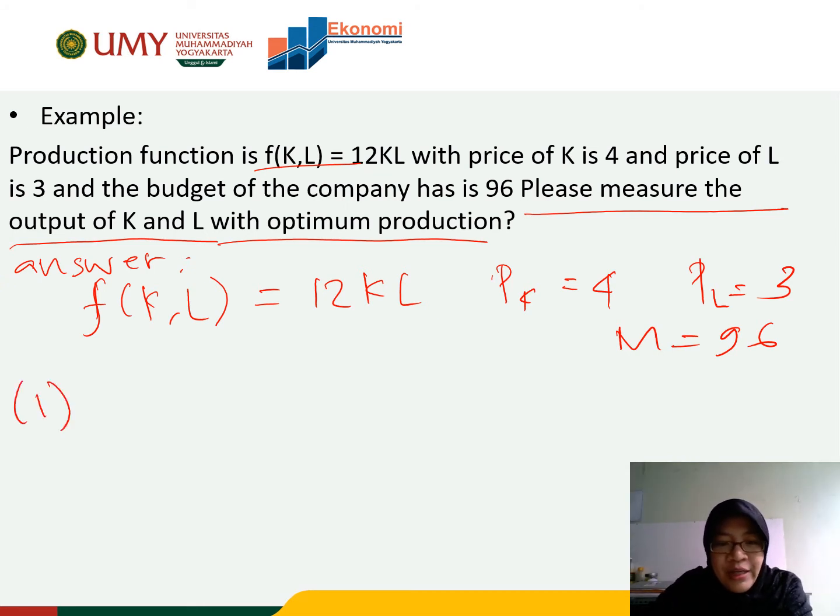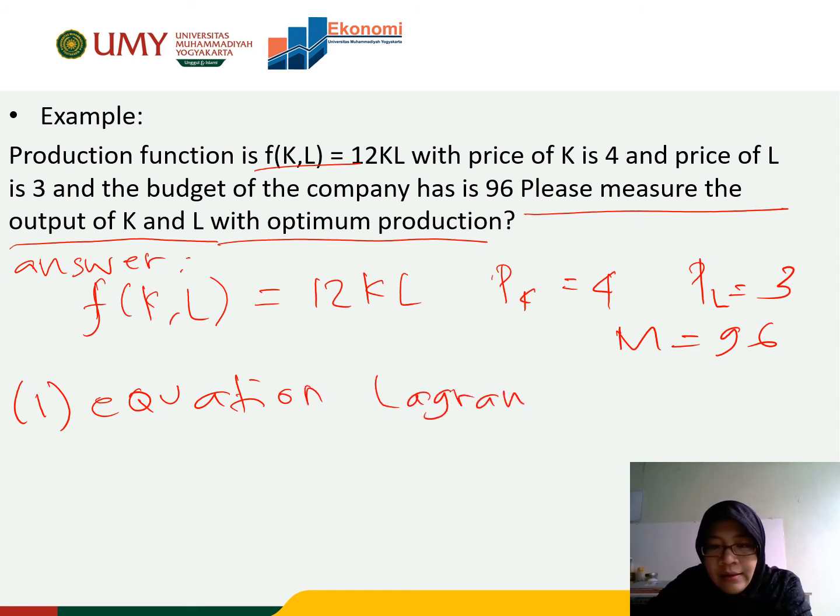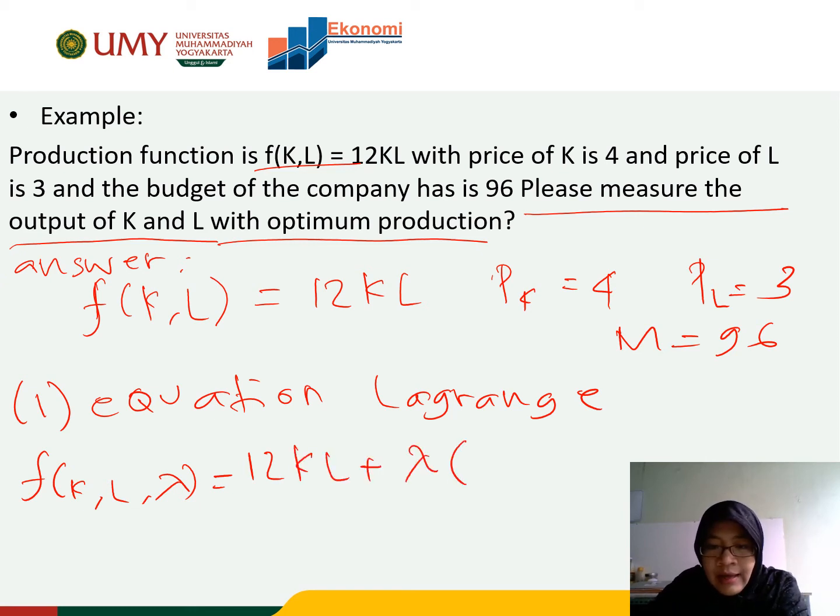First thing first, we need to identify the Lagrange equation. If you still remember, the Lagrange equation consists of the production function plus lambda, and then plus the constraint function.